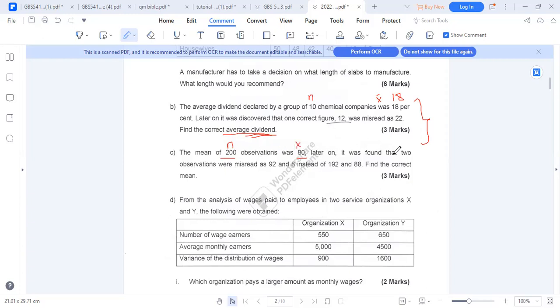Later on, it was found that 2 observations were misread as 92 and 8 instead of 192 and 88. Which ones are correct and which ones are wrong from your English?